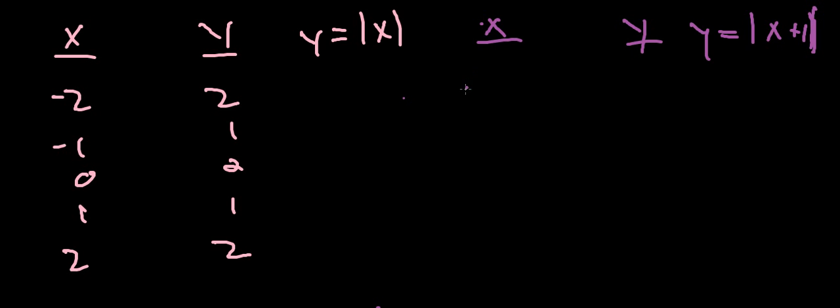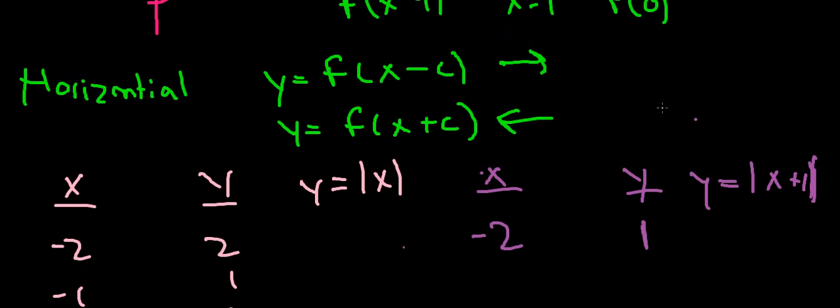So let's put in minus 2. We get minus 2 plus 1, which is the absolute value of minus 1, which is 1. And when we're adding, according to here, we're shifting over to the left. So we're solving for the next point, essentially.